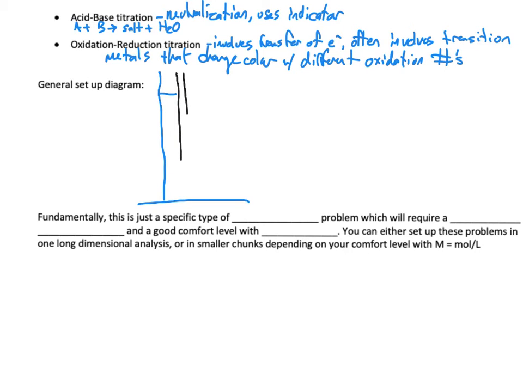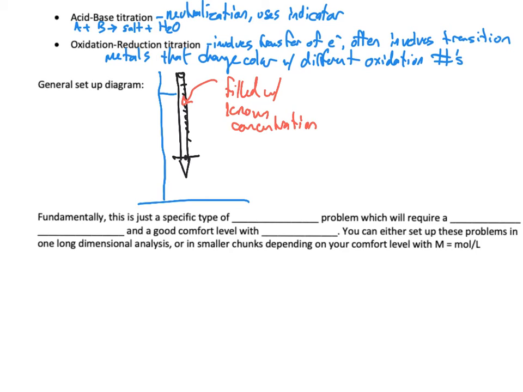And again, the burette, it's this long looking guy. It's got all the markings on it. It's got like a valve on there. And the burette is going to be filled with a known concentration. Okay, so that's where you're going to put the thing you know about.